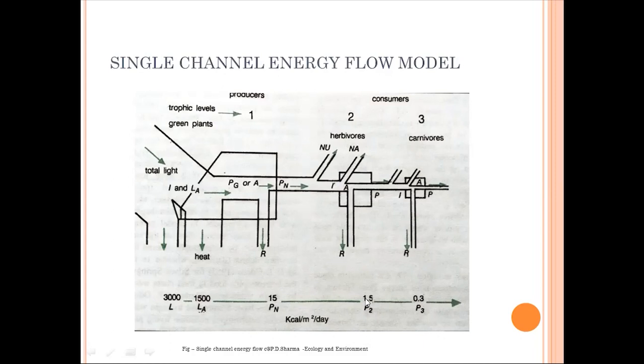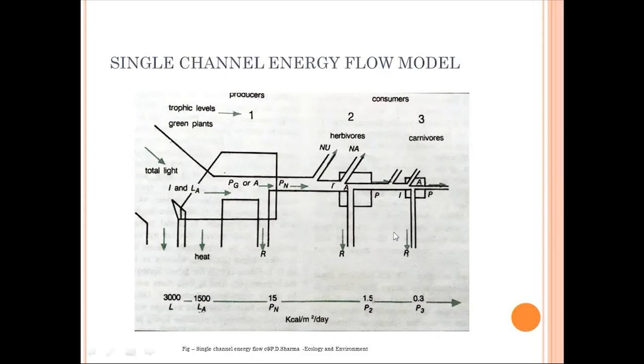Further, this 1.5 will decrease by 10% or more. So the secondary production after the herbivores is 0.3 kilocalories. The point here is that at every trophic level, there is a decrease in the energy that is passed on or enters the next trophic level.